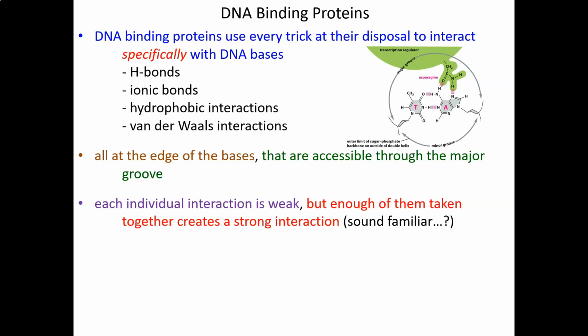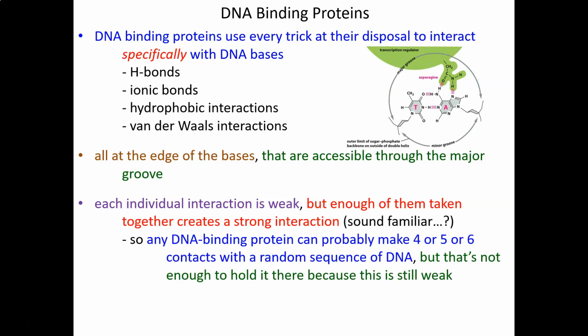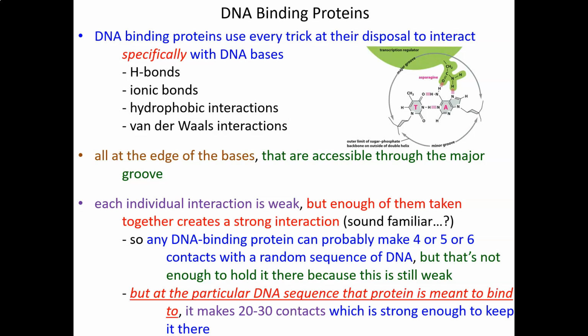And although you might not recognize it right away, we have a perfect analogy for this in the regular real world. Imagine each DNA binding protein can make 4, 5, 6 contacts with any random sequence of DNA. That's not enough to hold it there because it's weak, but if we sum those up across a specific DNA sequence, and now we have that happening at many, many bases, we're looking at 20 or 30 non-covalent contacts, strong enough to keep it there.